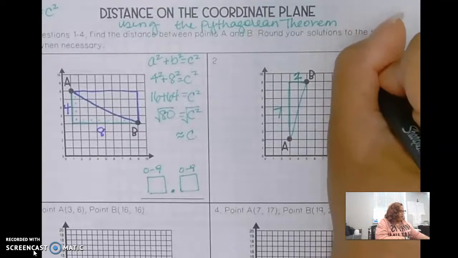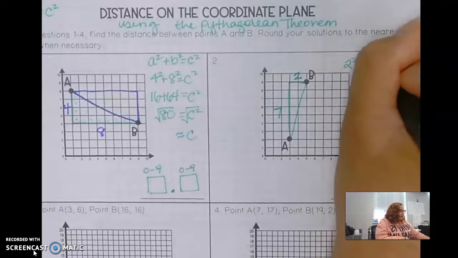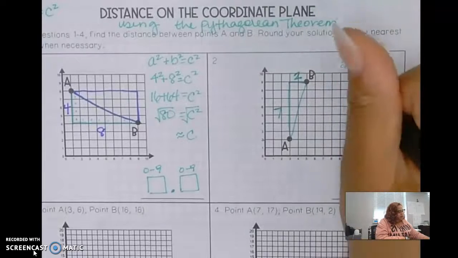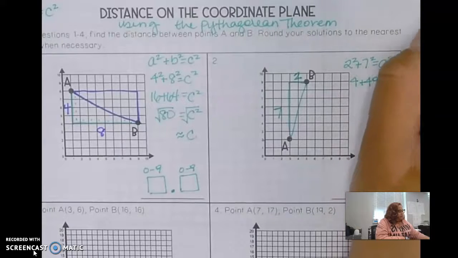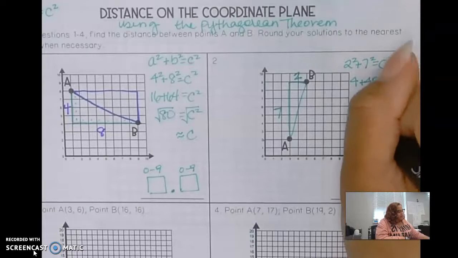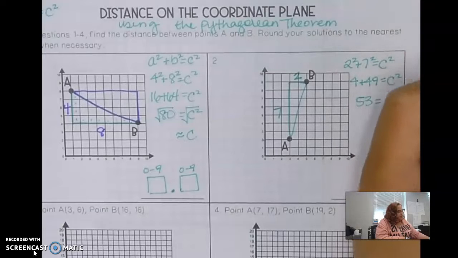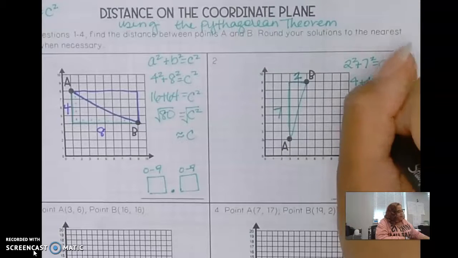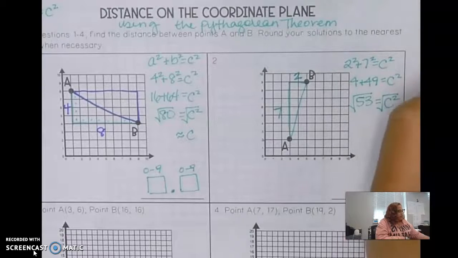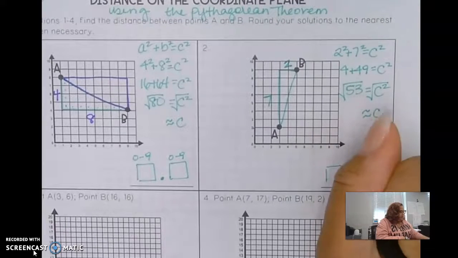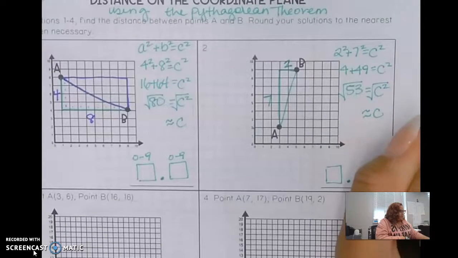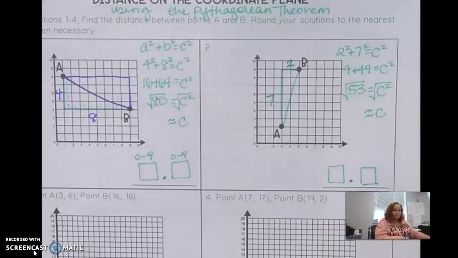So 2 squared plus 7 squared equals c squared. 2 squared is 4. 7 squared is 49. C squared is 49 plus 4, 53. And then radical. C is approximately equal to something point something.